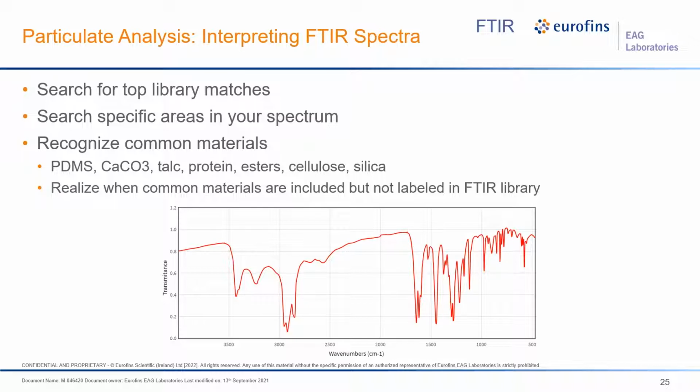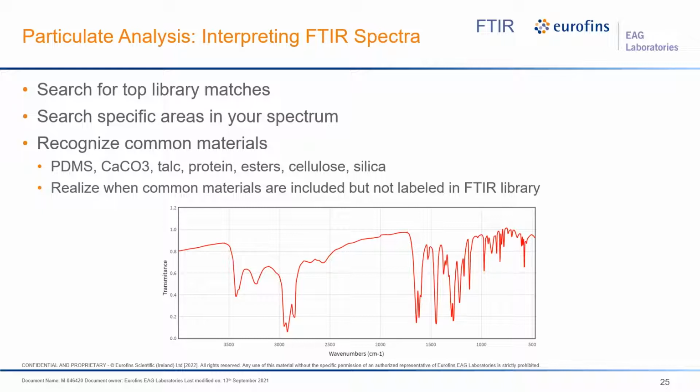Talc, and proteins, and cellulose. A lot of the fiber materials are cellulose fibers. And silica is a fancy word for sand. So we see them fairly often as particulates. You recognize these common materials when you see them in the spectra. Some of them are fairly simple. I'll show you a few in a little bit.